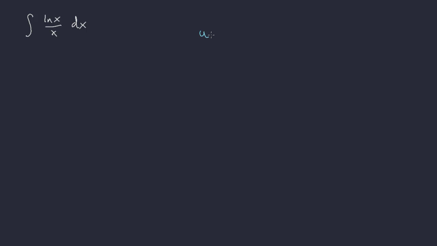If you ever set up a u-substitution as u equals x, stop right there. You're not doing anything, right? Because if you set up u as x, du is dx, and all you're doing is rewriting all the x's as u's, you actually haven't simplified the problem at all. So never think that u equals x is a good idea. Okay, that's never what you want to do.